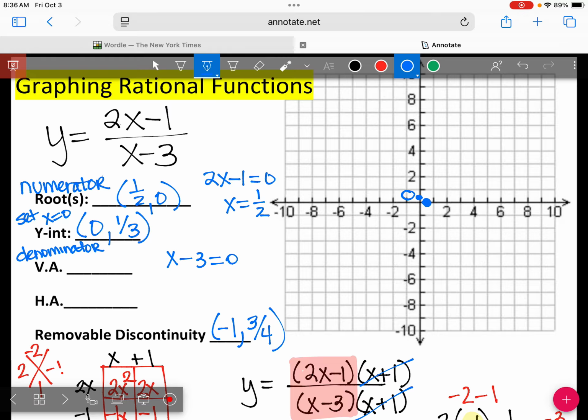What this is saying is at x equals 3, the graph is undefined, which is true. That's why I'm drawing an asymptote at positive 3, because there is no point that I can put on this dash line. The graph is undefined at x equals 3.